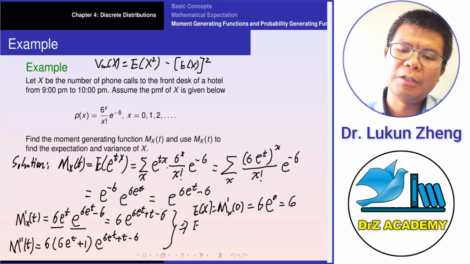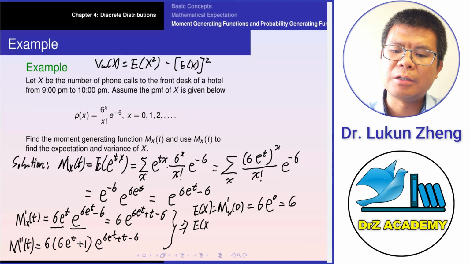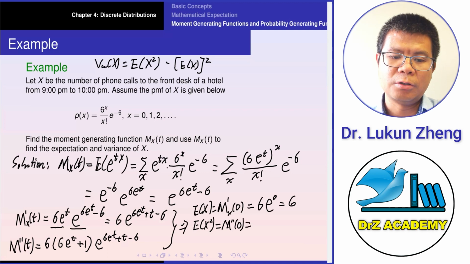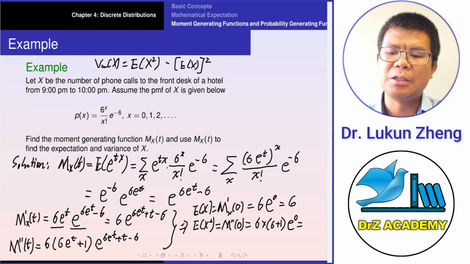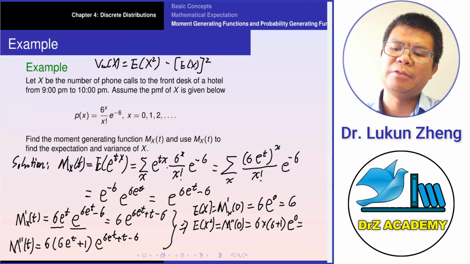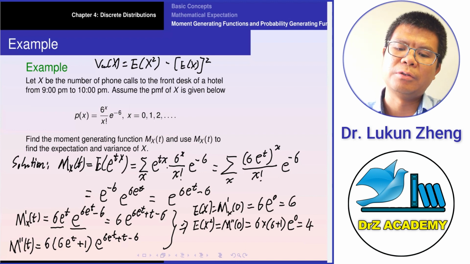The expectation of x squared equals the second derivative at 0, which is going to be 6 times 6 plus 1, times e to the power 0. So that's 6 times 7, which is 42.